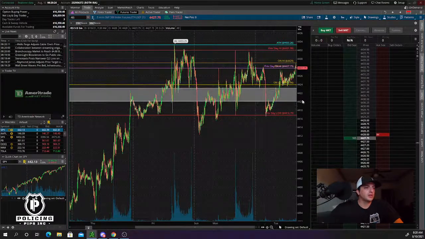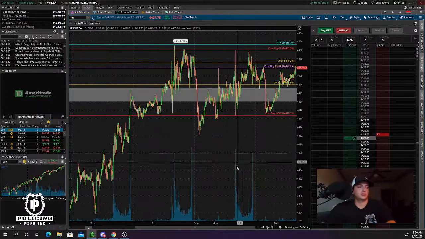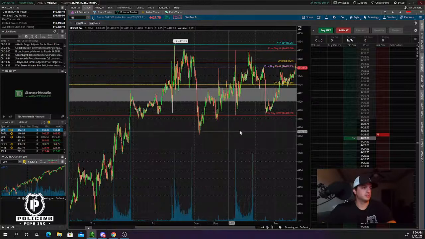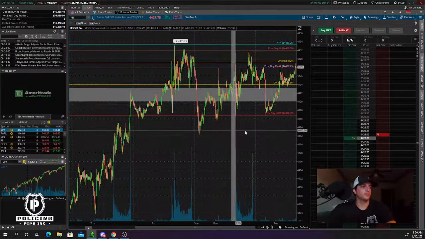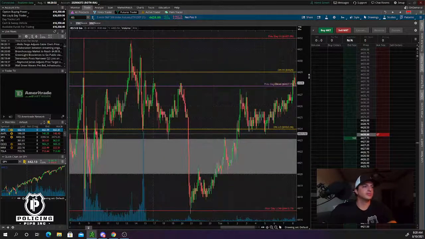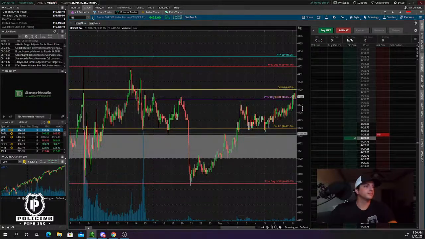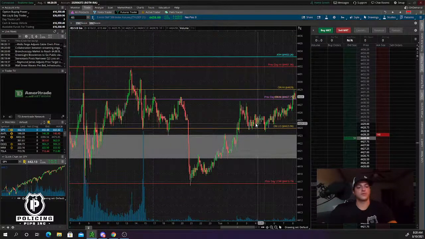Not actually the overnight low, I'm just setting it there because this is more the overnight low there. It's a redundant level. It's sort of flat.